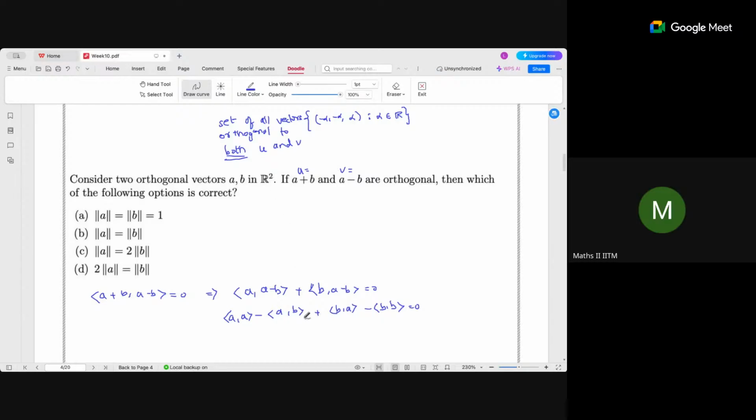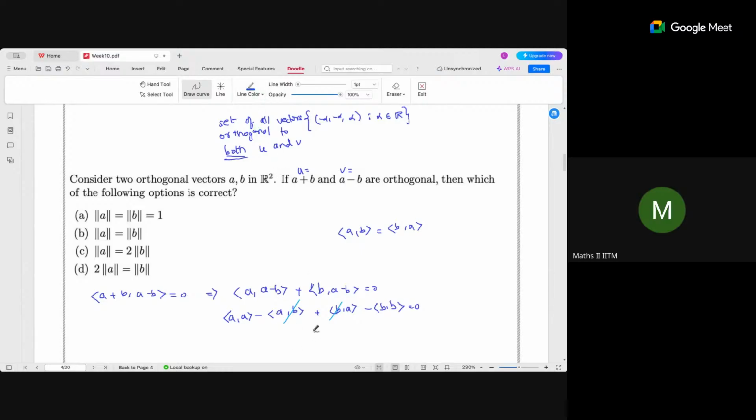Now since we are in the reals, what is the relation between the inner product of a, b and b, a? It's the same, ma'am. Same, right? So these two we can cancel out.